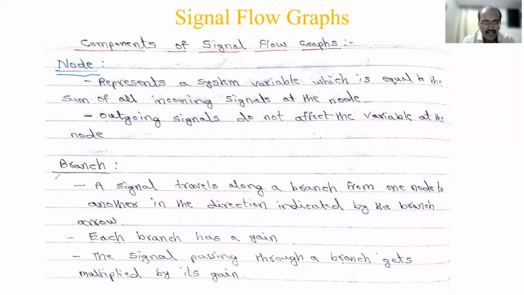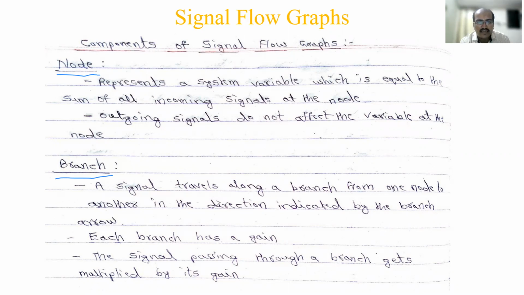A branch is nothing but the connecting thing between 2 nodes. A signal travels along a branch from one node to another in the direction indicated by the branch arrow. So that is the line which is connected. It may be a curved line or a straight line. If you have multiple paths, we could not show them directly with a straight line, so curved lines we also use, and that is called a branch.